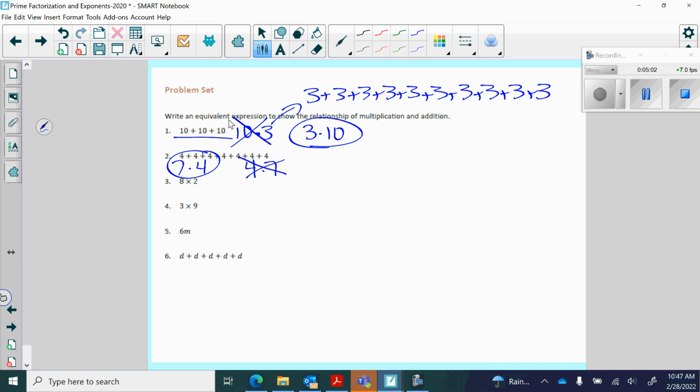Okay. Our next one, 8 times 2. Okay, Carter, how do I write this one? Carter? You didn't write anything down on your paper? Okay, JJ, what did you write? You didn't get to number 3?